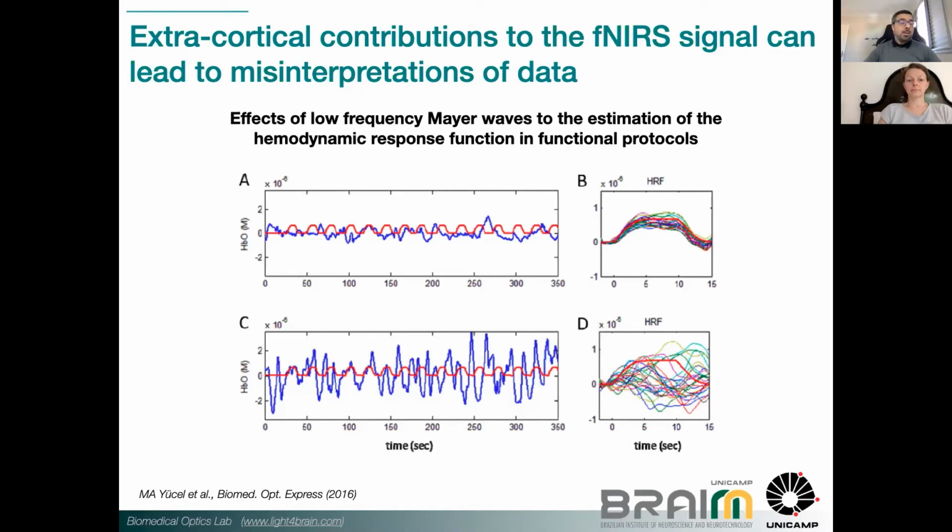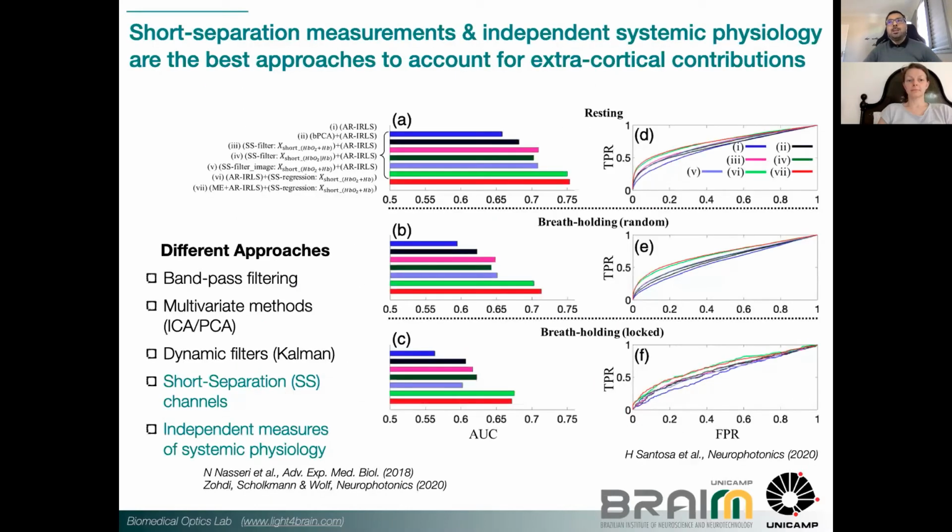And over time, we have come to find different solutions for this as well. There are different approaches that came up in the past years. This is a very interesting study from Ted Huppert's group, which compared different proposals in the literature to deal with these extracortical contributions to the signal.